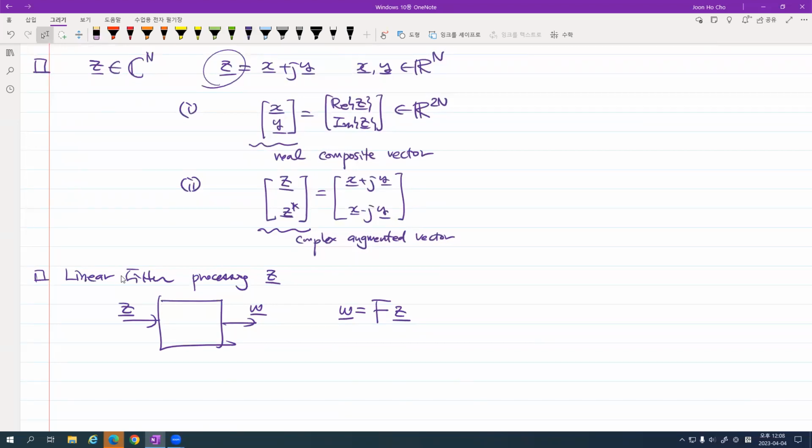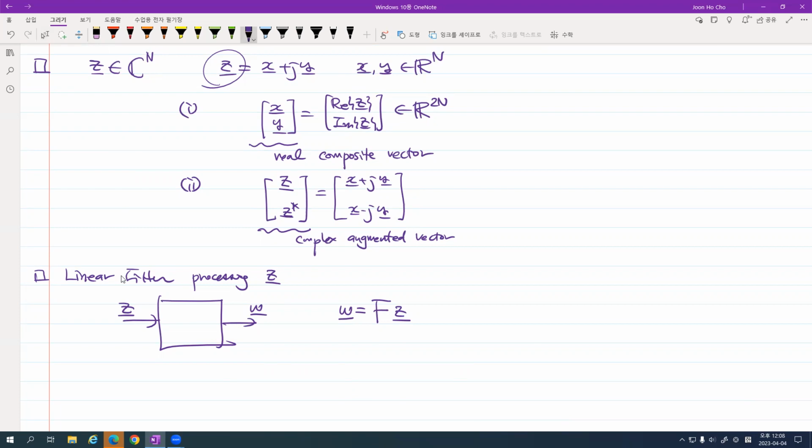Of course, depending on the task assigned to this filter, we may design some strange nonlinear function, right? However, as an electrical engineer, the first thing you have to try is what? The linear approach. So this makes sense. Suppose you want to find some matrix F that satisfies your criteria.